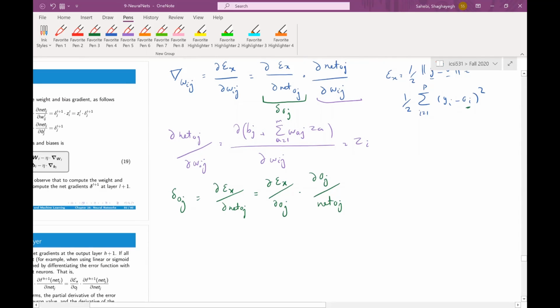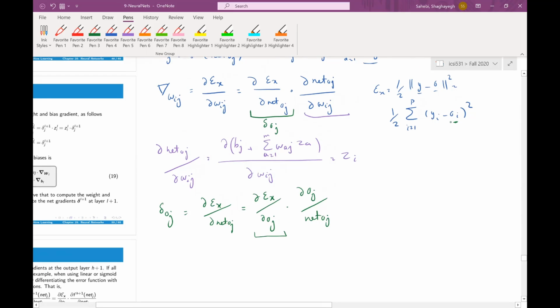Now, the derivative of error with respect to OJ depends on how O is used in this error. And according to this, if you take the derivative, I'm sure you can do that at home, it's going to be equal to Yj minus OJ, right?